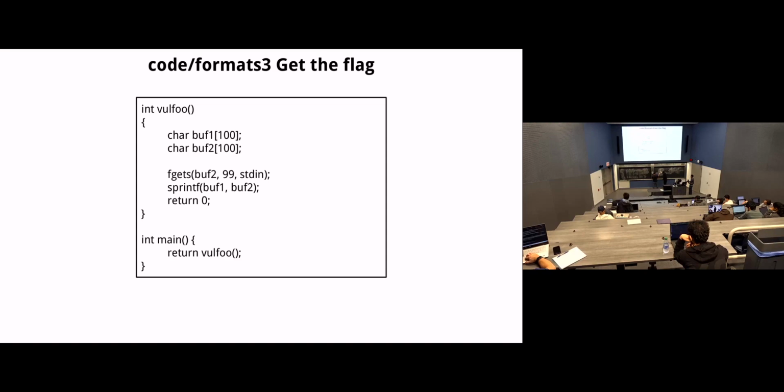Exactly. So this is the main function. The value will be just some value on the stack. Eventually it could reach our buffer, which holds the format string. So it's basically the first %x from there and then several %x going up.